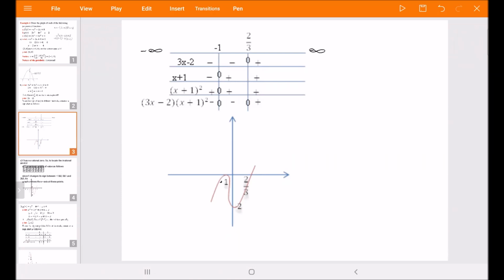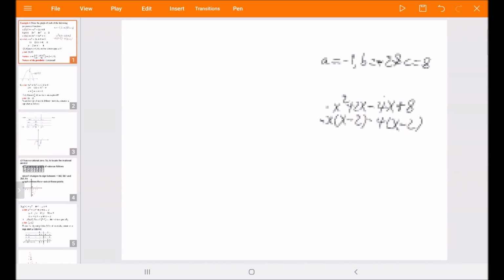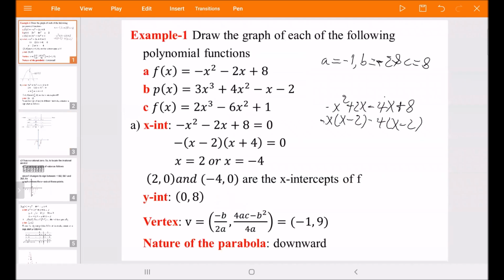So it touches the y-axis at -2, turns back, and goes up, as you can see, in the interval 2 over 3 up to positive infinity, the graph of P is positive. So it is positive and crossing the x-axis. So this is the graph of this polynomial P of x is equal to 3x cubed, 4x squared minus x minus 2.